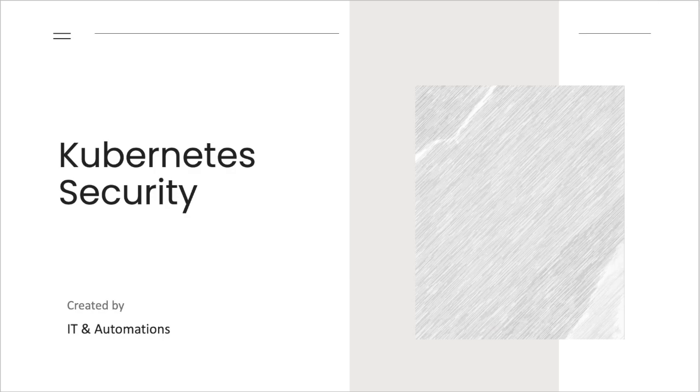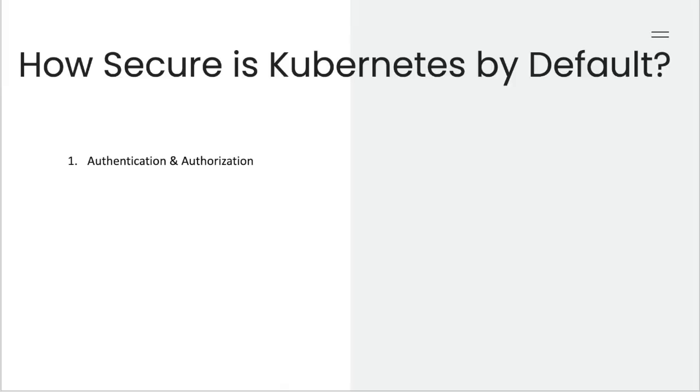Right? So if we look into authentication and authorization, Kubernetes implements basic authentication and authorization mechanisms, but these are not enabled by default, or they are enabled but not that granular in some cases. Administrators need to configure RBAC, role-based access control, to restrict access to the Kubernetes API, and RBAC does not follow a deny-allow path, so it can be tricky.